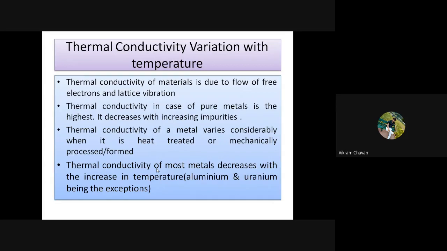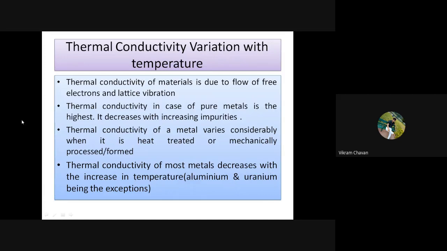Then, thermal conductivity of most metals. Now, our main point is thermal conductivity variation with temperature. This is the point where we are discussing temperature. Thermal conductivity of most metals decreases with increasing temperature.